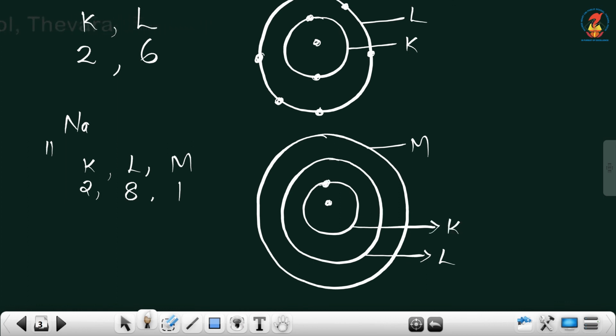So, we can show 2 electrons here and 8 electrons, 1, 2, 3, 4, 5, 6, 7, 8, and one more electron in this M shell. So, a total of 2, 8, 1, that is 11 electrons, we can show like this.